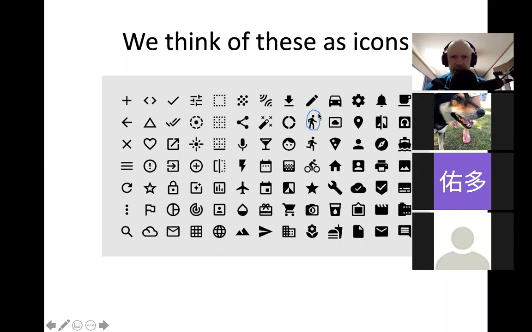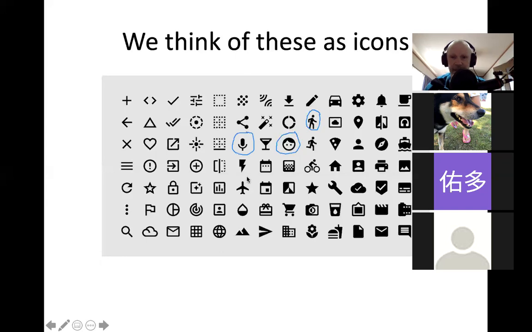This looks like somebody walking, so I suppose you could say it's an icon for somebody walking. You could say this looks like a face, so it's an icon for a face. And this looks like a microphone, so it's an icon for a microphone.